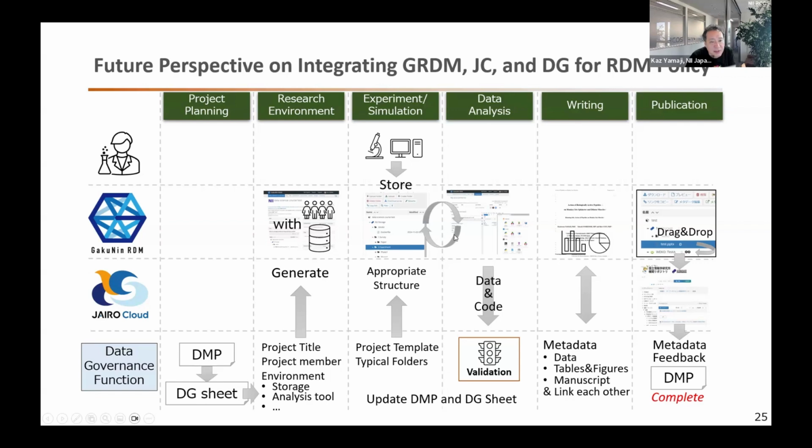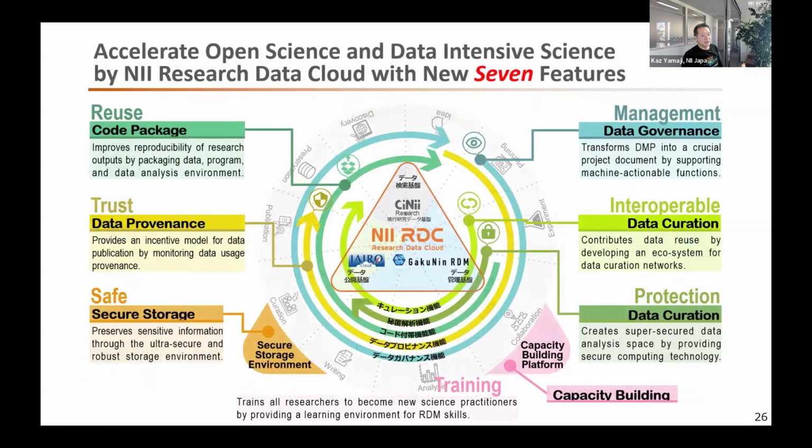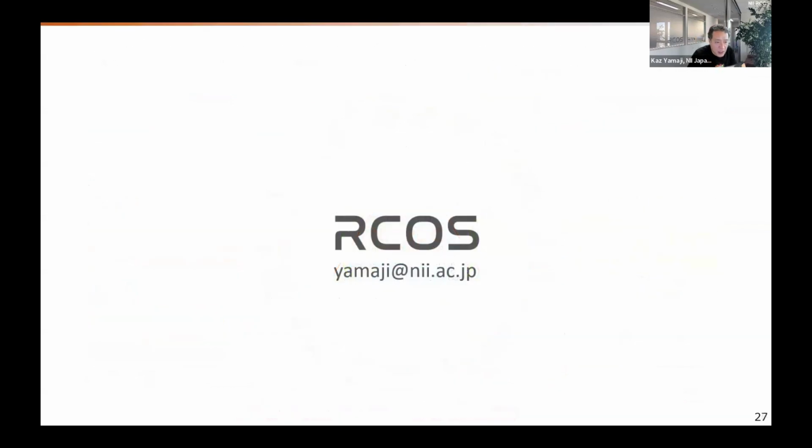And then once the researcher gets the result, our governance tries to support the writing phase, and then tries to publicize the data by using our publication platform. And in that way, as an ELN, we are trying to support the whole entire research data life cycle, and try to maximize the power of the research itself. So this is all about what we are doing as an ELN. So I'll try to finish my presentation.